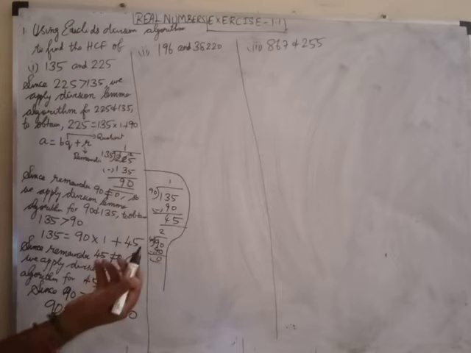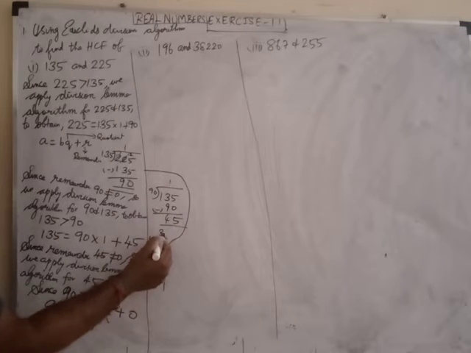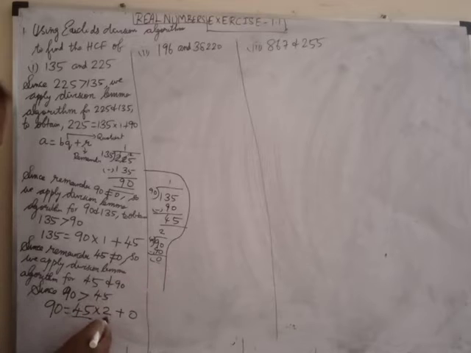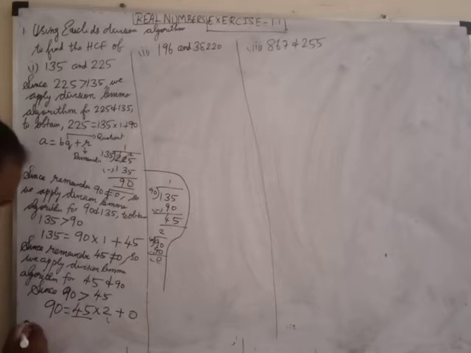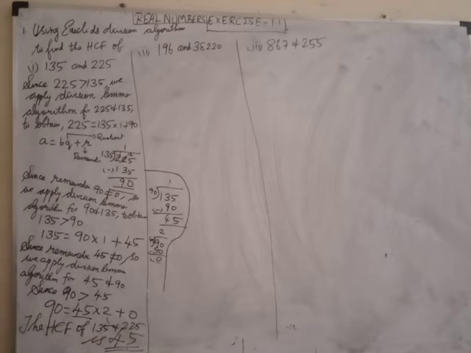Because this 2 is the quotient, this is the remainder, and this is the divisor. So the HCF of 135 and 225 is 45. Have you got it?